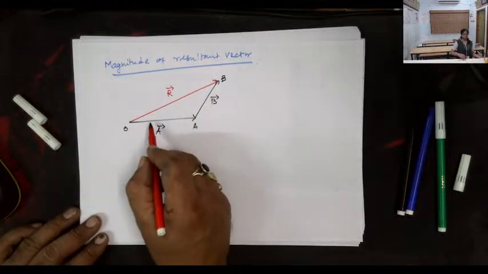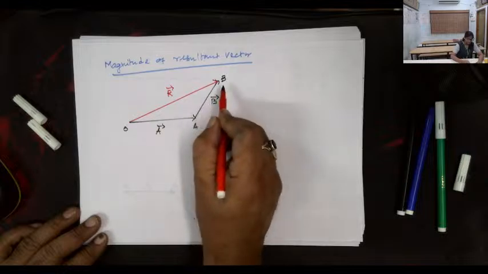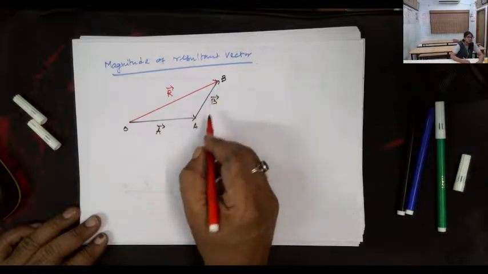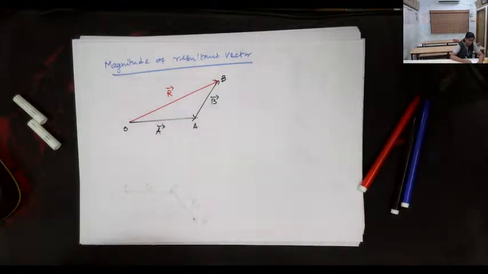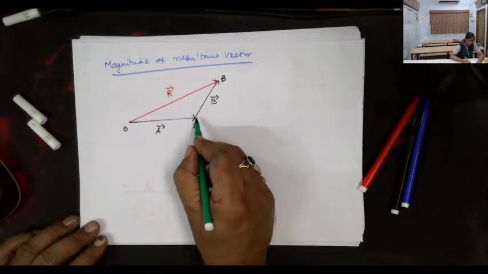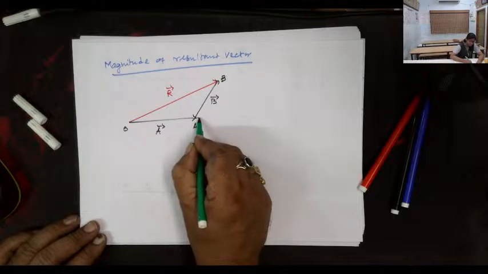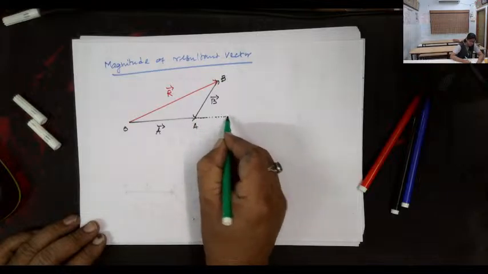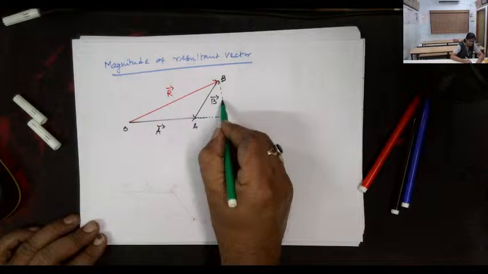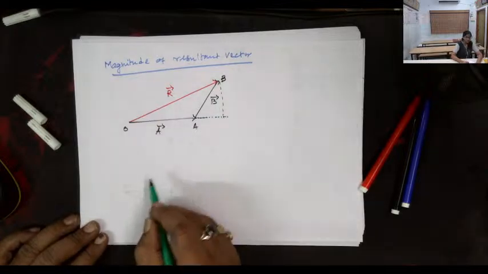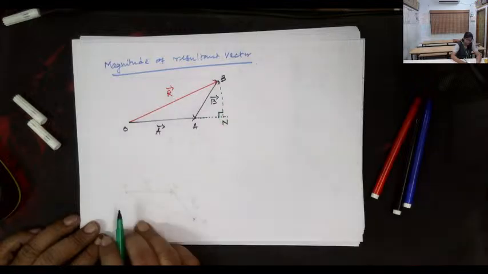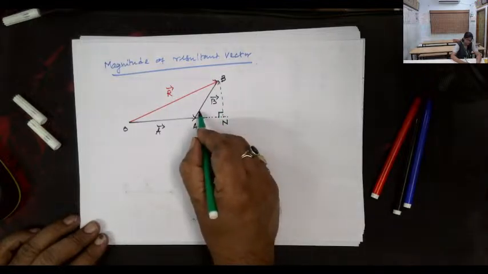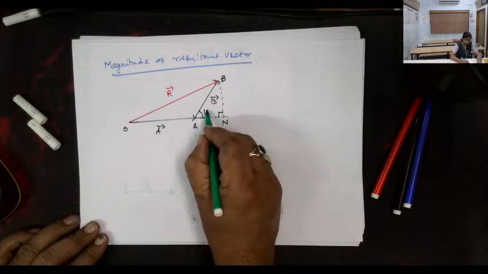And the angle between these two vectors can be interpreted by expanding or extrapolating this, and it meets at a right angle. So let us call it N. So this is at right angle. So this is called the angle between the two vectors.